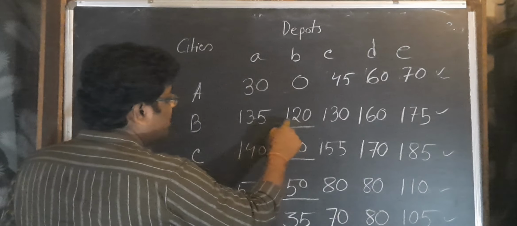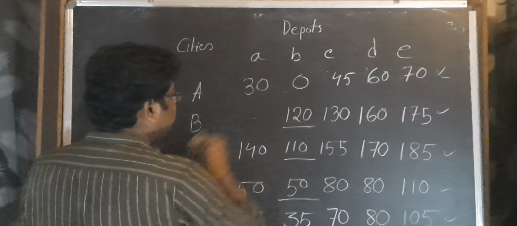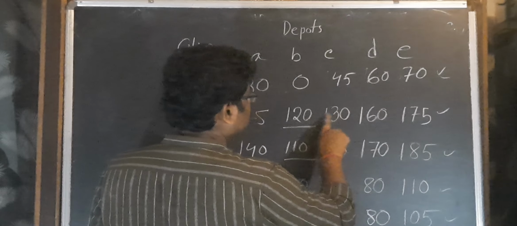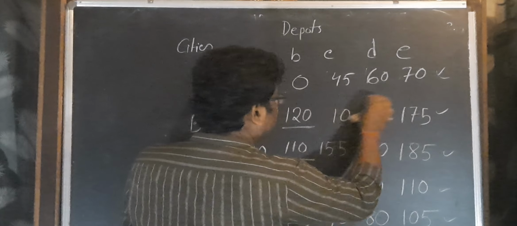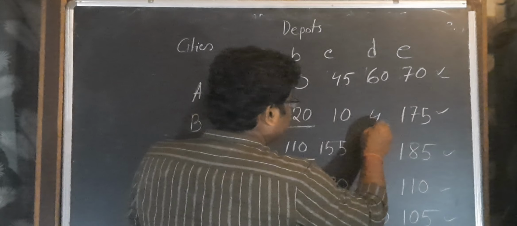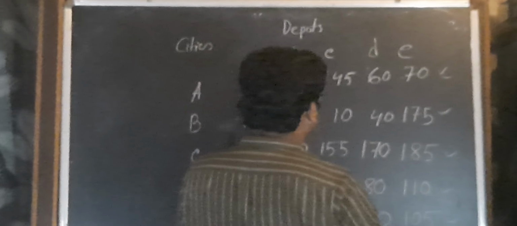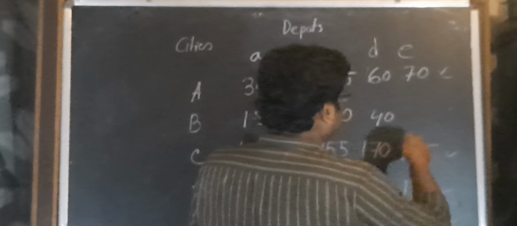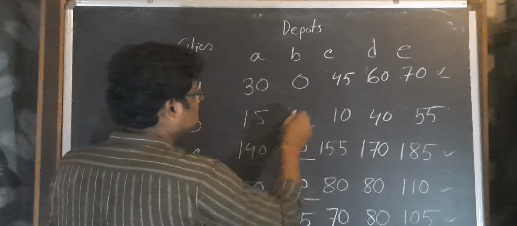In the same way, we subtract 120 from 135, so it will be 15, then 10, then 40, and 175 minus 120 is 55, and now it is 0.